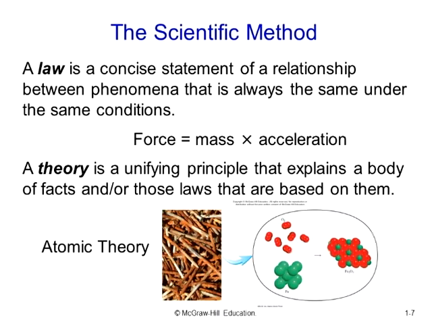A theory is a unifying principle that explains a body of facts and or those laws that are based on them. For example, the atomic theory of chemistry. The atomic theory helps us to understand how atoms, how elements combine to give new materials, new substances, new forms of matter.